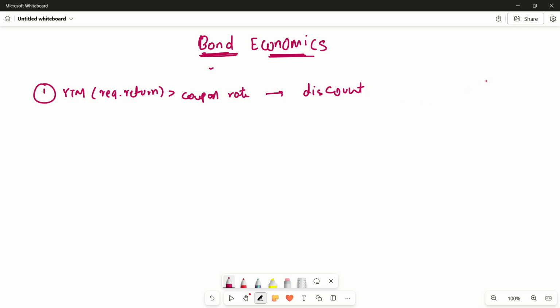Let's suppose the par value, or the face value, of the bond is 100, with a coupon of 5% and a YTM of 7%. Then the bond will sell at a discount.